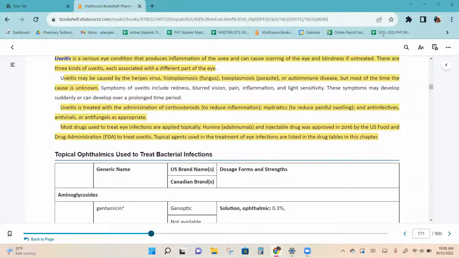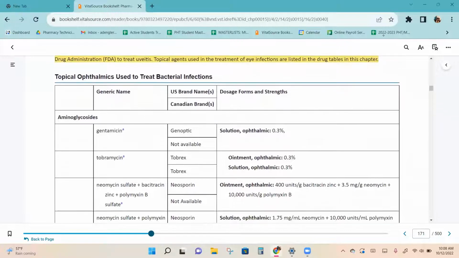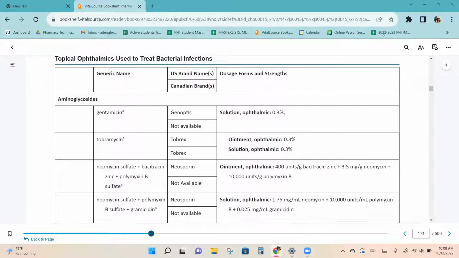Topical agents used in the treatment of eye infections are listed in the drug tables in this chapter. So in this table here, we have topical ophthalmics used to treat bacterial infections. Gentamicin comes in a solution.